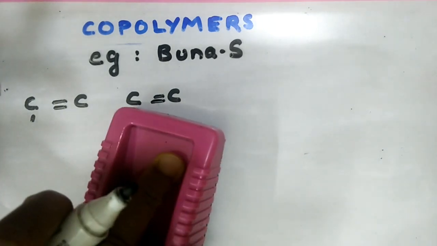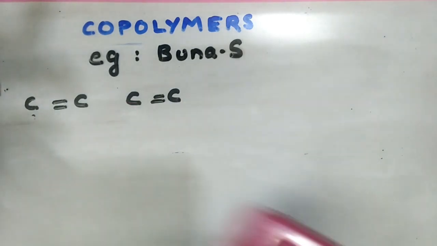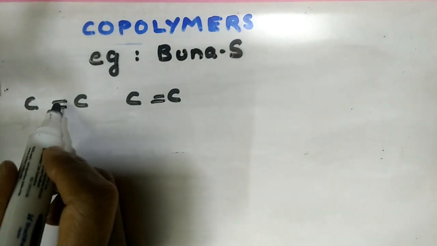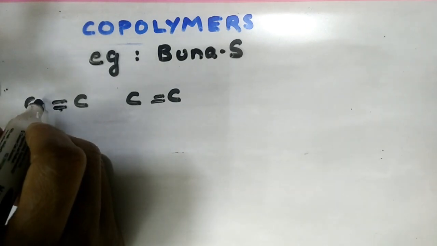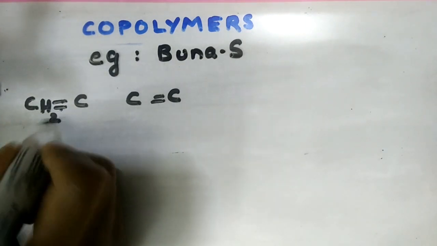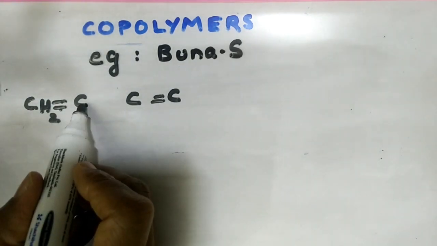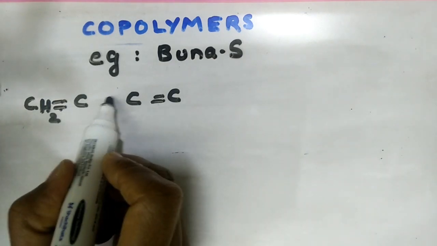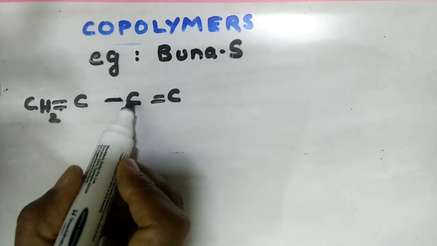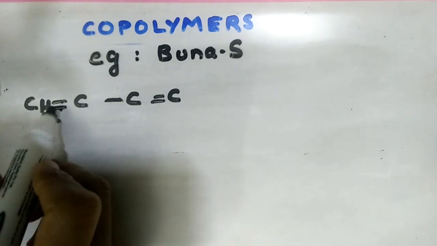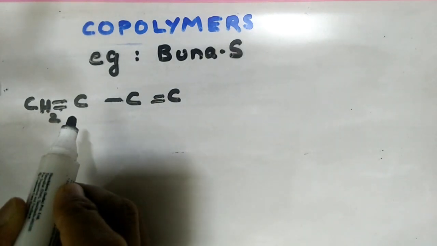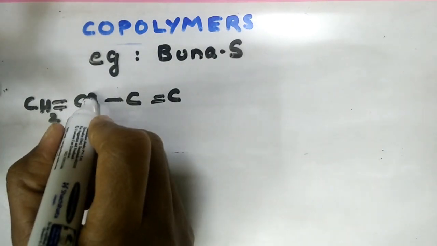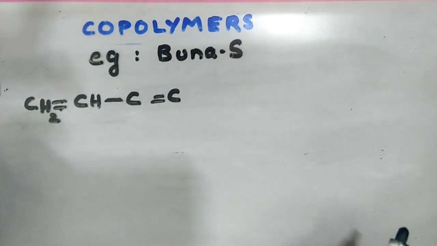Then we have to make 2 more valencies here, so satisfied with 2 hydrogen atoms. And what about this carbon atom? 2 are there, bonded with the carbon-carbon bonds. Here a carbon-carbon single bond and a double bond, so 3 bonds are there, so 1 is left, so we have to write 1 hydrogen here.